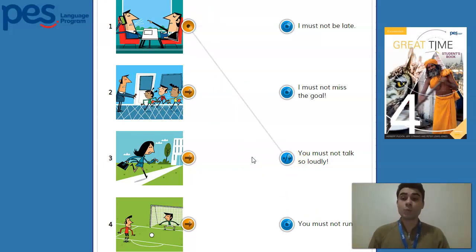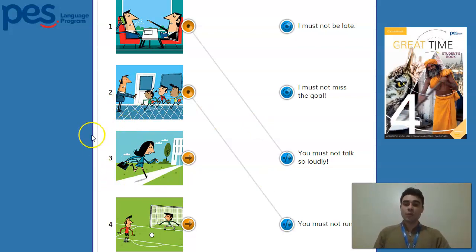Good. Number 2, we have an adult, 3 kids. They seem to be in a school. That adult might be the principal or maybe a teacher, a coordinator, right? And probably he's talking about not running. So you must not run, okay?